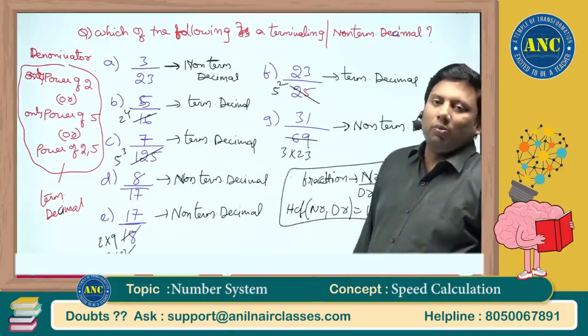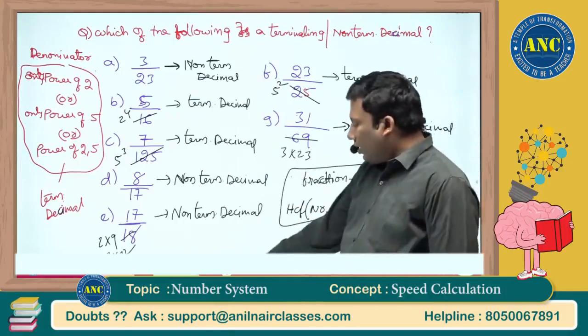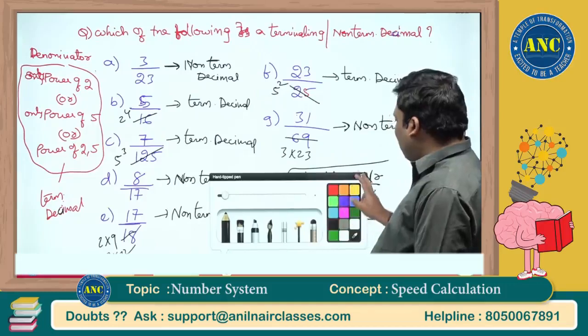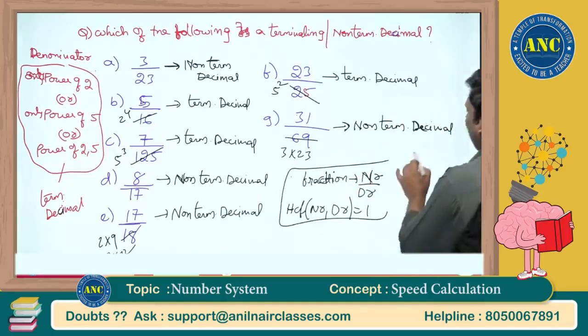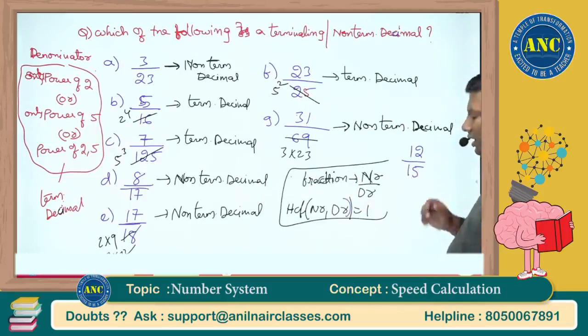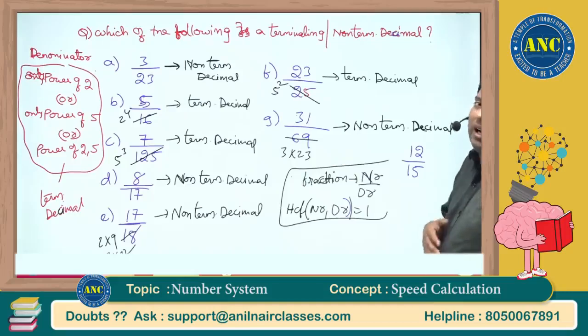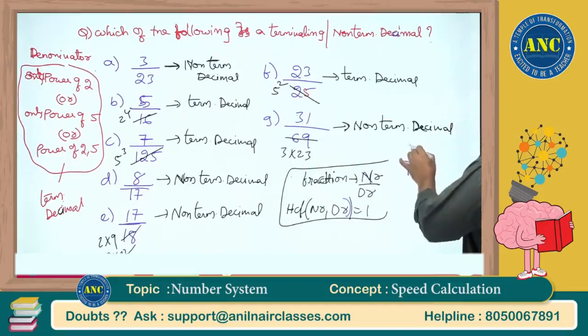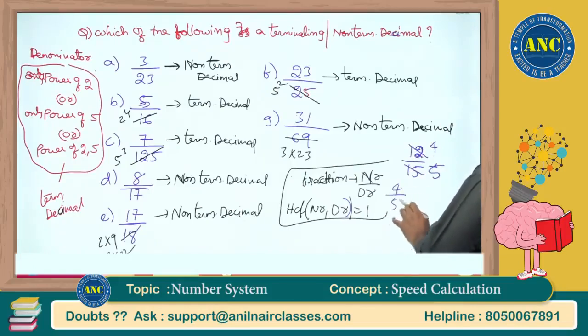For example, 12 by 15. Don't draw a conclusion that 15 is 5 into 3 so it is non-terminating. It is not in its simplest form. 3 4s are 12, 3 5s are 15. So 4 by 5. Denominator is a power of 5, so it is a terminating decimal.